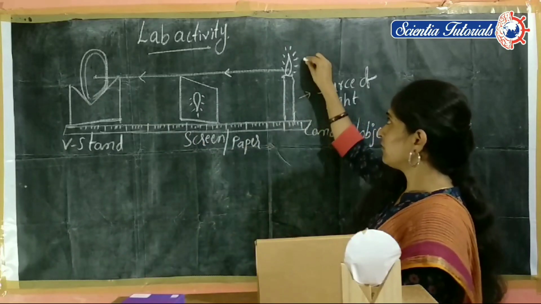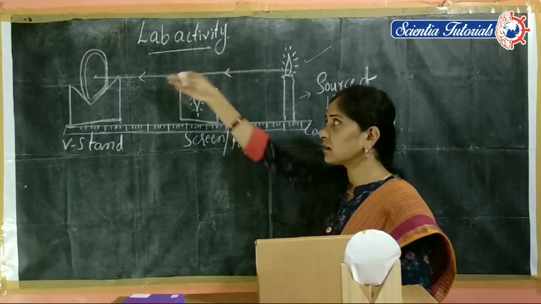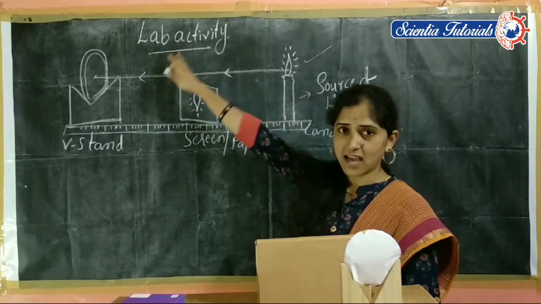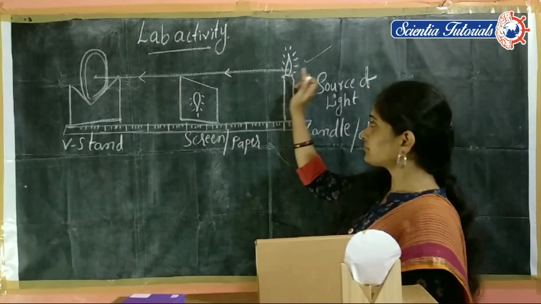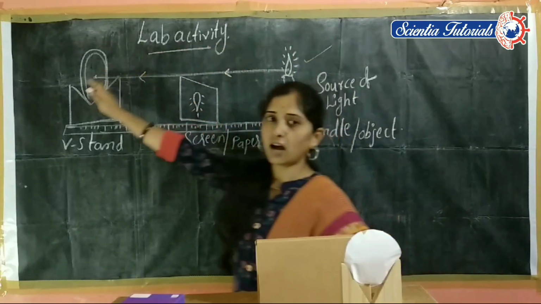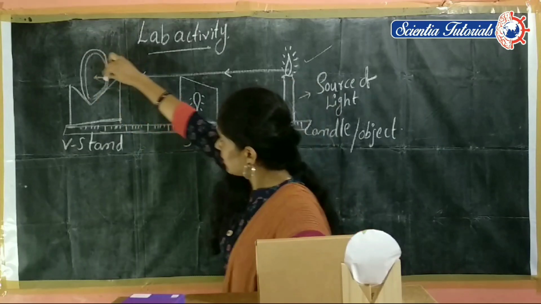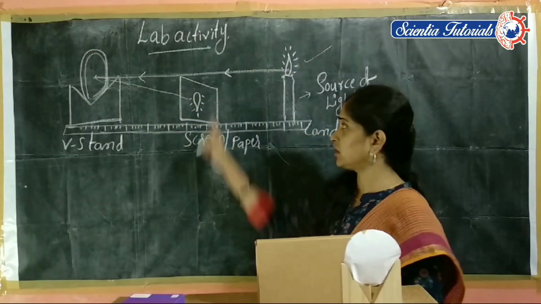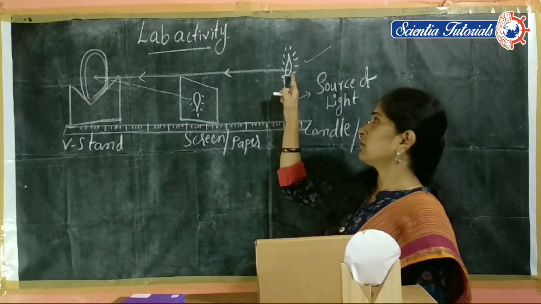Look here, when we place the object, the candle, in front of the concave mirror, whose focal point we already know, the light falls on the concave mirror and is reflected onto the screen. Then we get the image of the flame.